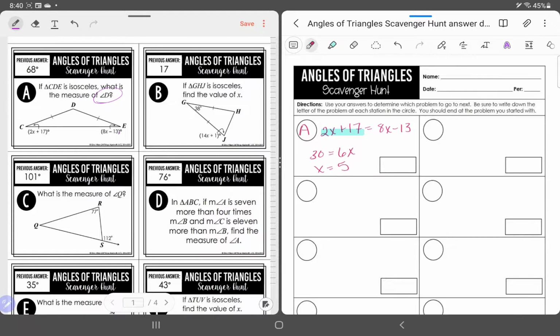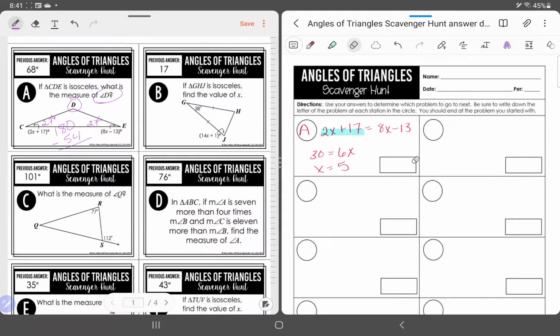So I know that the 2 base angles have 27 degrees and 27 degrees. I can quickly add those together, and 27 and 27 is 54. So angle D is going to be 180 minus 54, which is 126. So in this answer box, I'm going to put angle D equals 126.